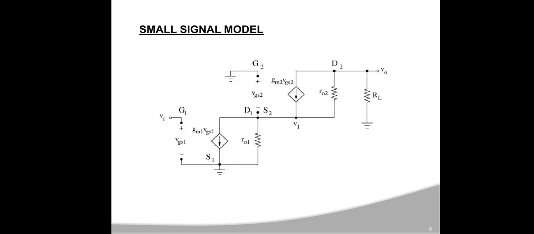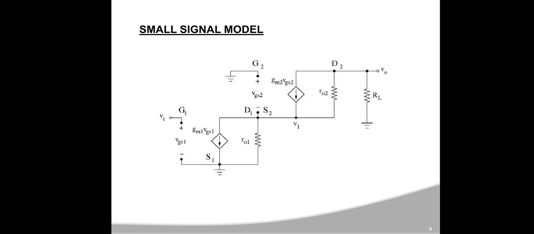This is a small signal model of the cascade amplifier. It consists of gm1, vgs1 and the ro1 resistor, and gm2, vgs2 and ro2 resistors, and the load resistance, and the output.